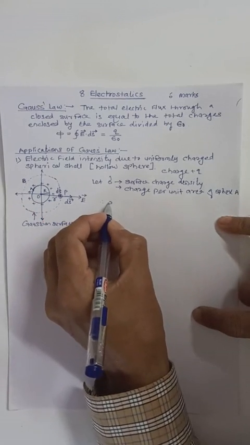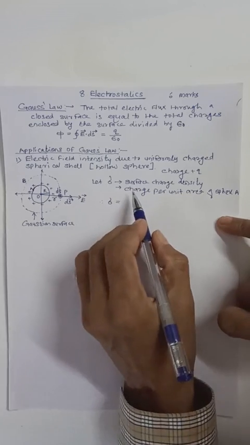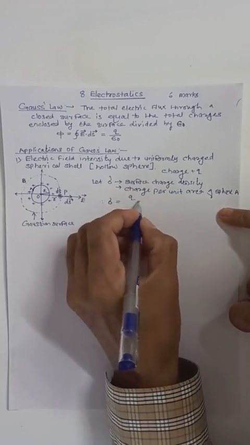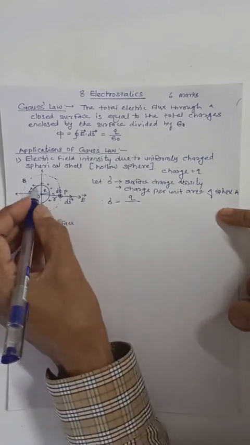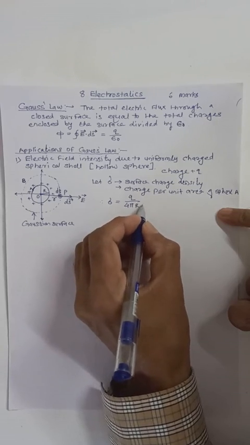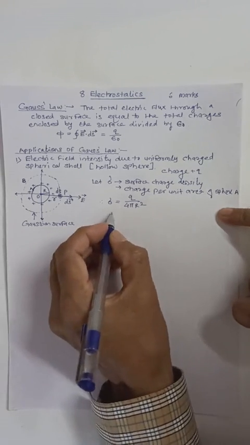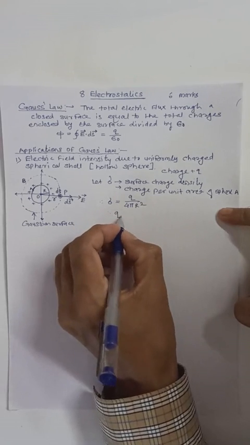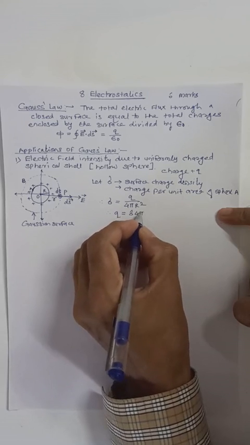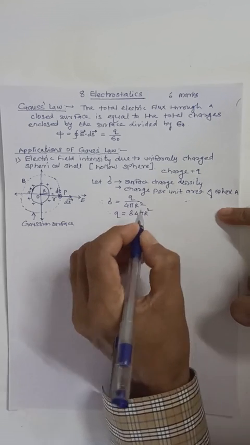Therefore, sigma is charge per unit area. So Q is the charge upon area of the sphere A, 4 pi r square, and therefore Q is equal to sigma 4 pi r square.